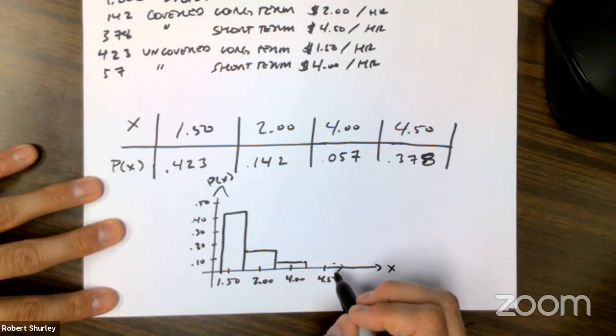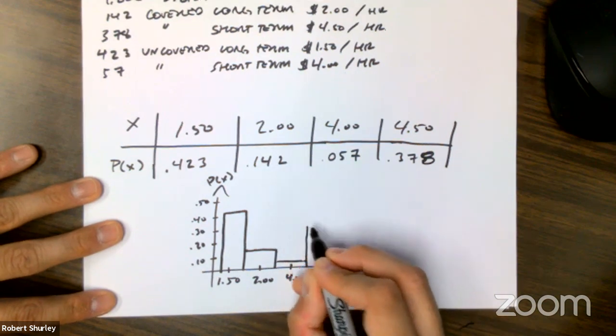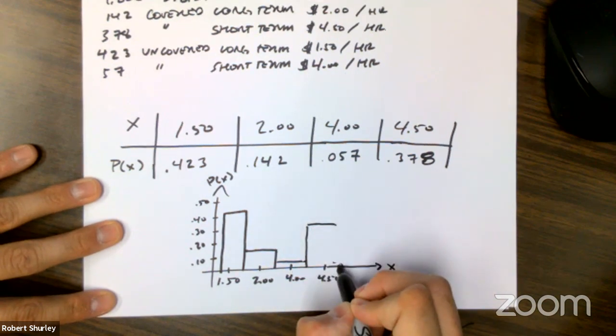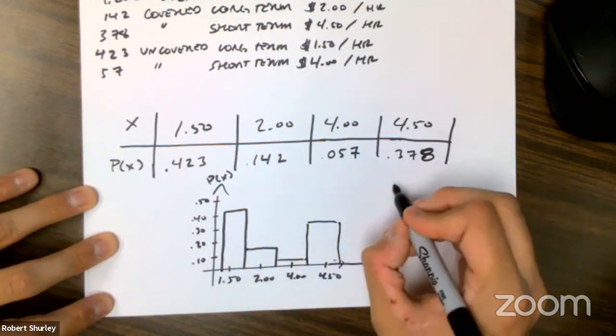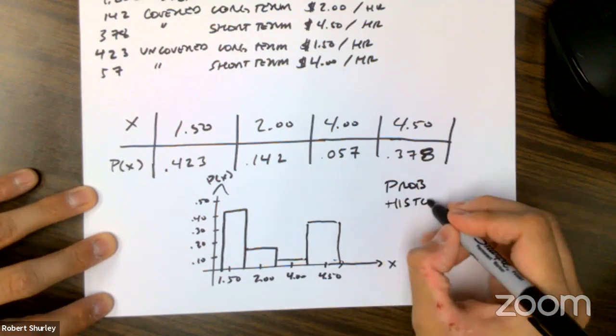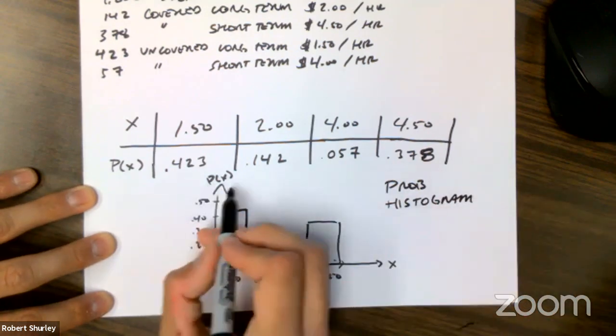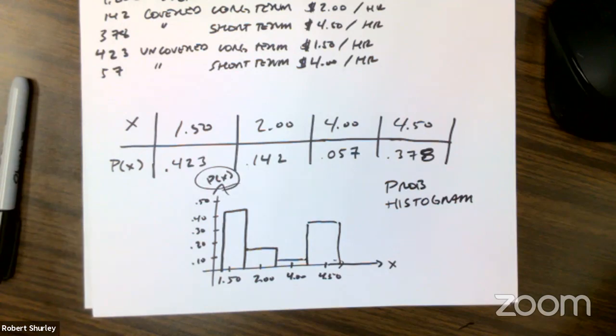And then 4.50 is about like that. So this would be our probability histogram. Notice that the Y values are the probabilities in this example.